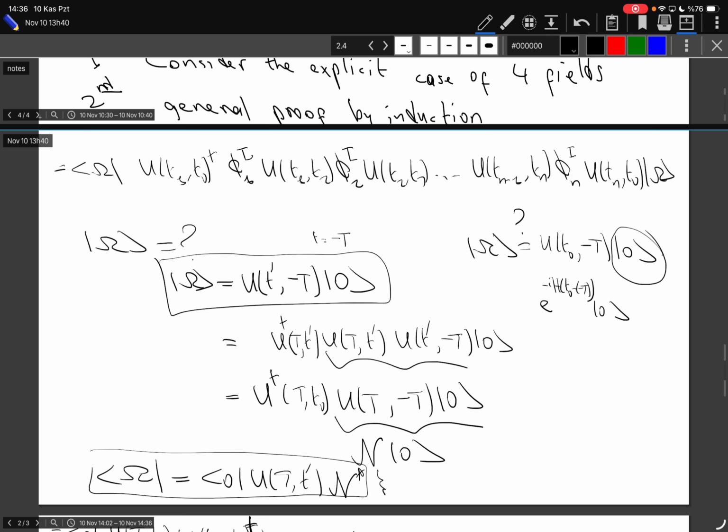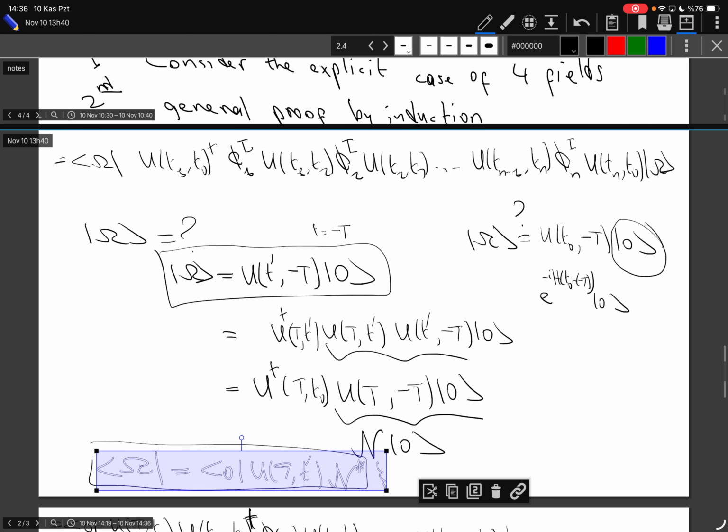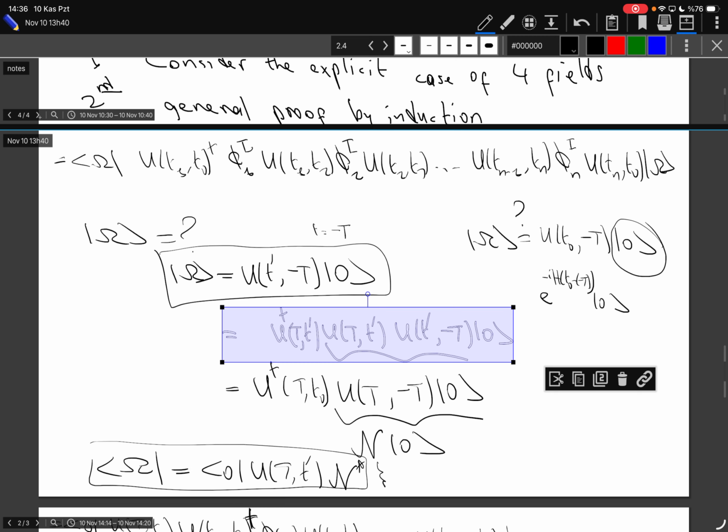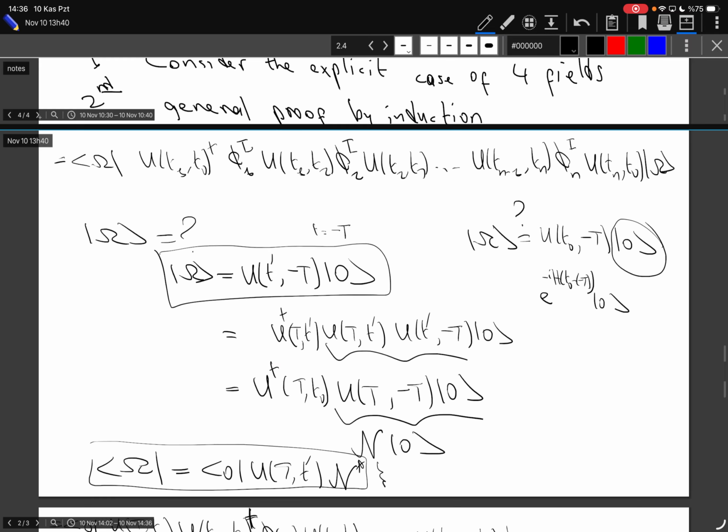Why should I? Since we apply the conjugate operation, we take it to the outside. No, I didn't take anything. You see, this is identity. U times U dagger, the time evolution, is identity. I just inserted identity.